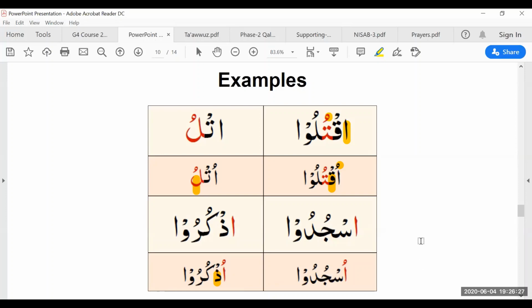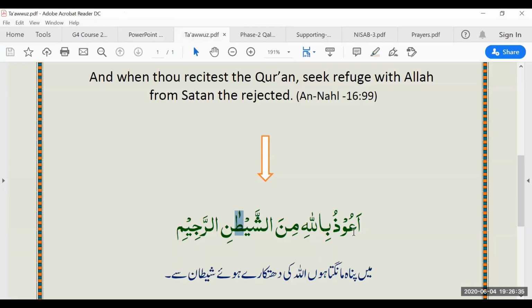Okay. You did really well. I would also like to highlight something. As I did mention to the previous students as well, the sound of ain should be different from alif. Okay. So a'udhu. Okay. A'uzu. Yes.